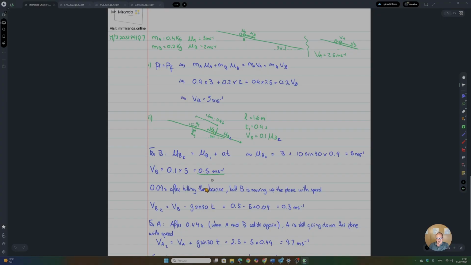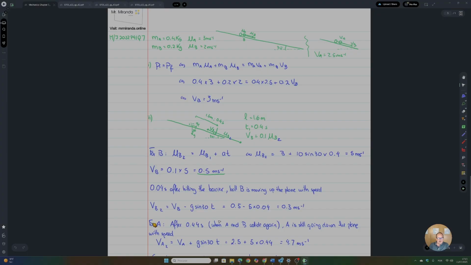It's going up, so it's going to slow it down, hence this minus over here. And what time are we talking about? We are talking about 0.04 seconds after hitting the barrier, so we are dealing with the physics after hitting the barrier. These are the circumstances. We can calculate this velocity as being 0.3 meters per second. So at the moment of the second impact, VB is going up the plane with this speed.